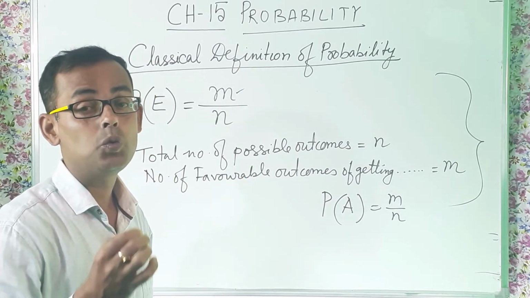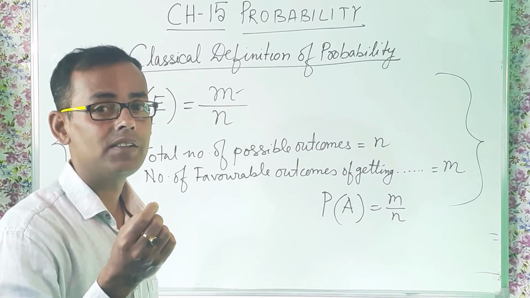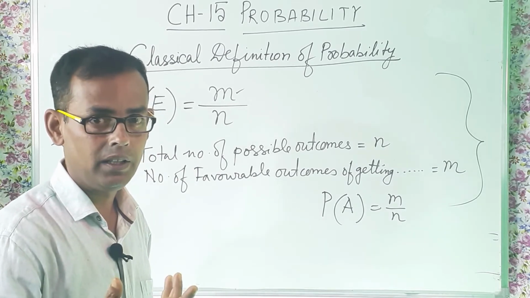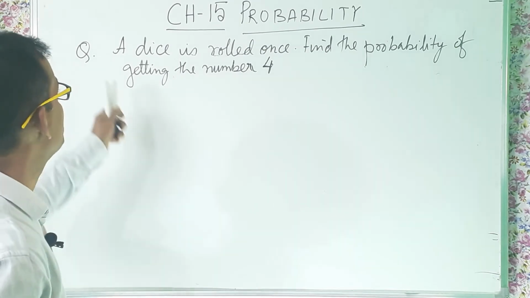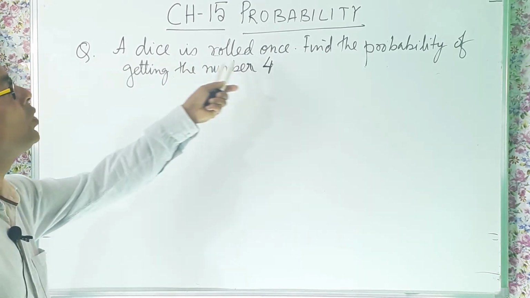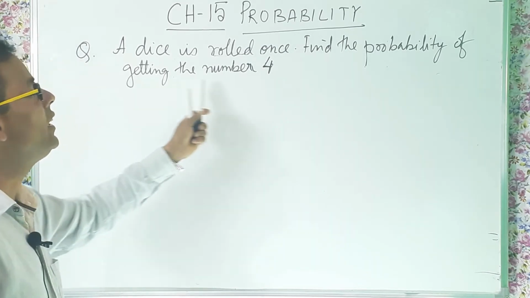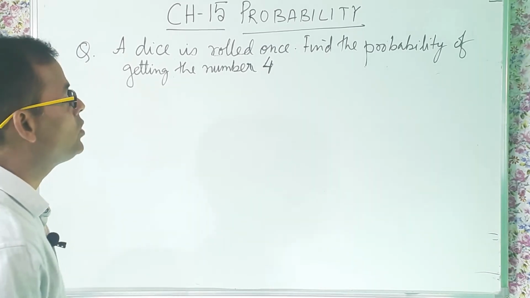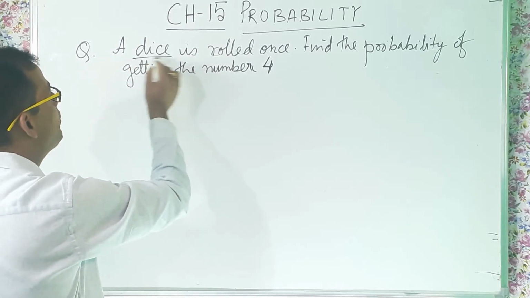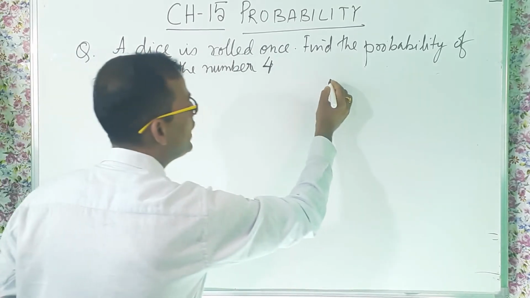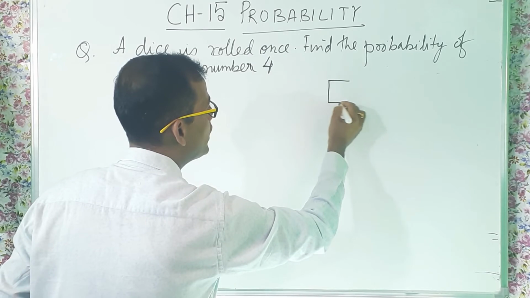Now, let us do one sum, then you will understand more nicely. Now, see the question: a dice is rolled once, find the probability of getting the number 4. So, they are talking about a dice. Let me draw one dice, it will be clearer to you.